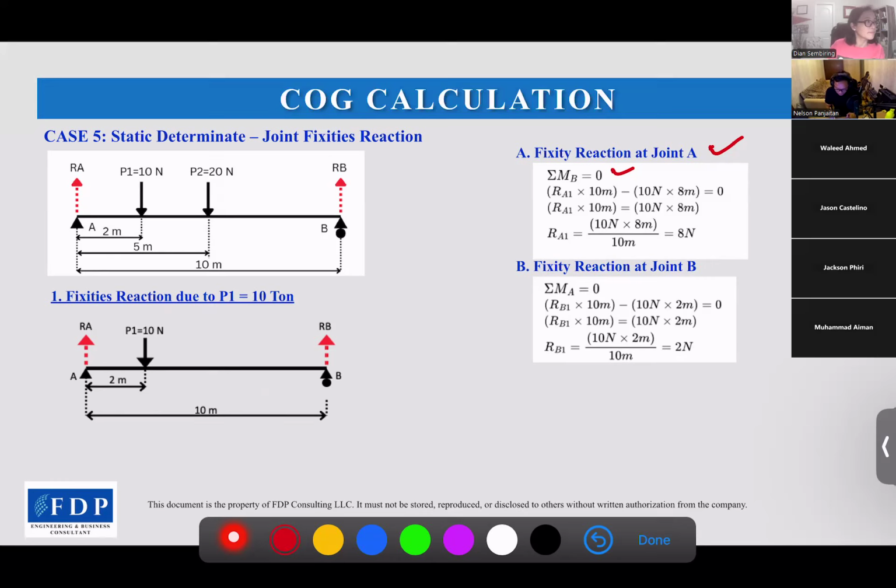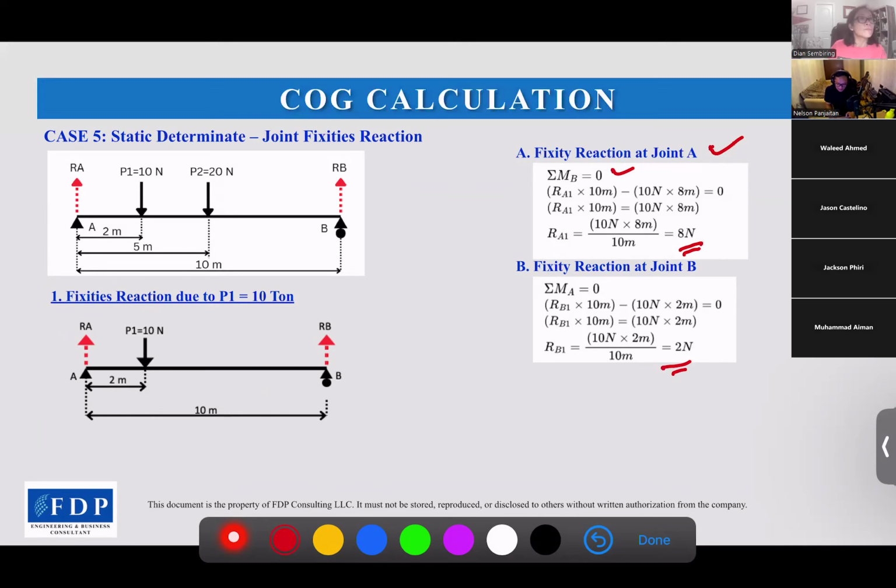So we get RA1 equals 8 newtons. And for joint B, we use the total moment at A equals 0. Same process, then we get RB1 is 2 newtons.